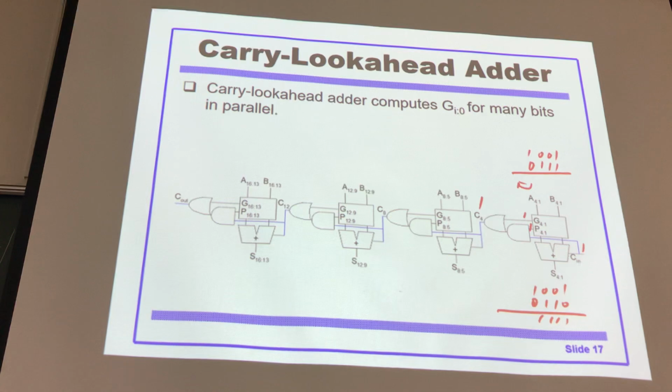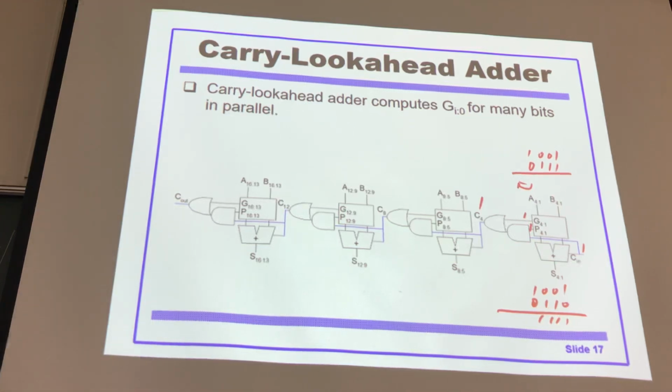The reason why we call it carry look ahead is we try to look ahead by pre-computing for each group your carry propagate and your carry generate. And then as soon as carry is available, you will get carry out in a very short delay. Just an AND gate and OR gate, this small circuit, you can get the carry out. Right?